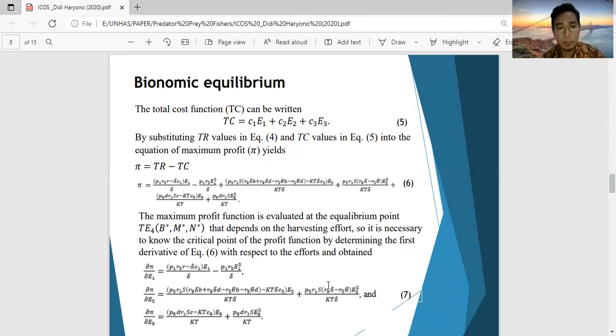The maximum profit function is evaluated at the equilibrium point TE4 to find the critical point of the profit function.